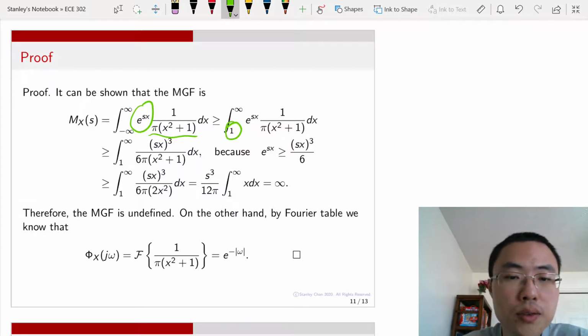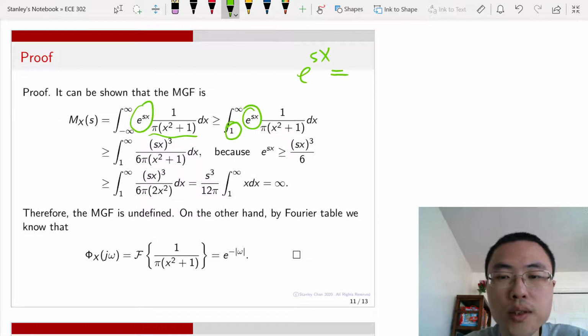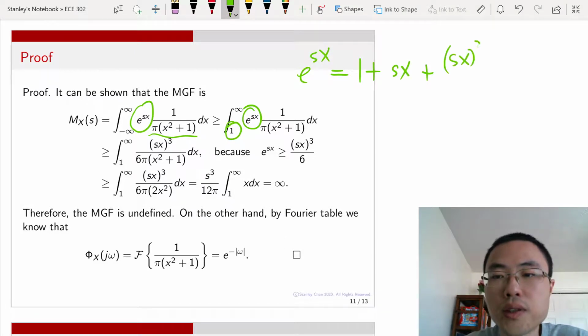And then here you have this e to the power sx, but e to the power sx is what? It is 1 plus sx plus (sx) squared divided by 2 plus (sx) cubed divided by 6, and so on.